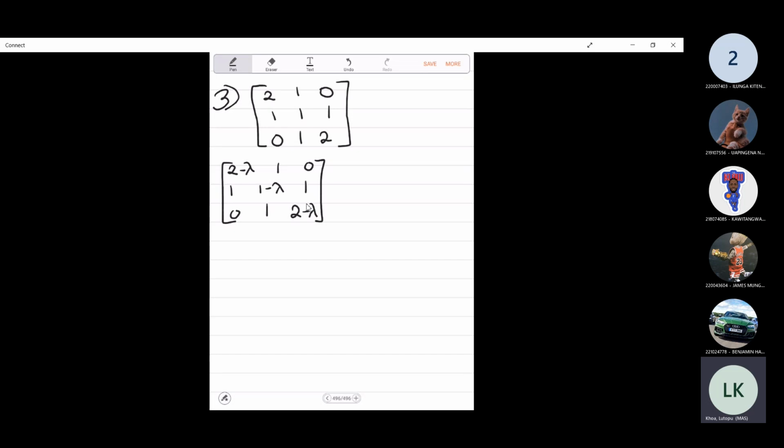So it's 2 minus lambda multiplied by 1 minus lambda, 2 minus lambda, minus 1, minus, here we will have 0, no, it'll be 2 minus lambda minus 0. So it's just minus 2 minus lambda.